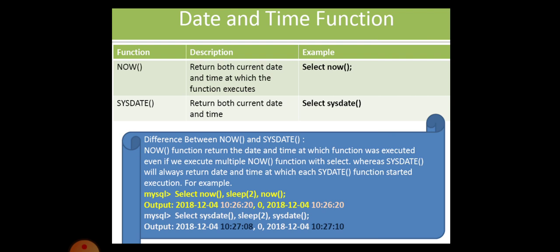Coming to the next functions, NOW and SYSDATE. These two functions are used for getting the date and time. The NOW function returns the date and time at which the function executes. SYSDATE will return the current date and time. Look at the example. Select now, sleep 2.